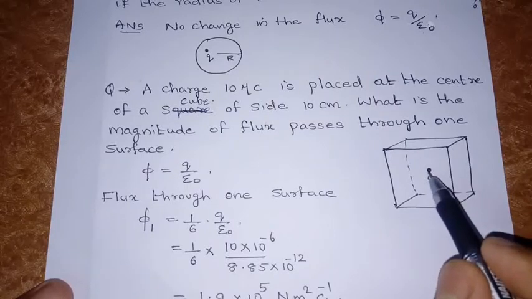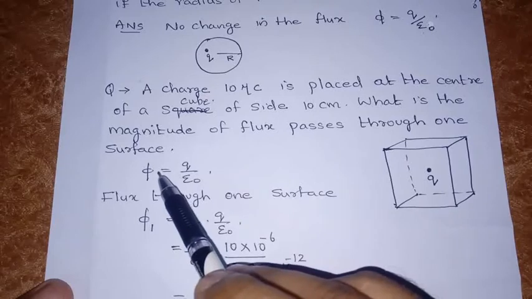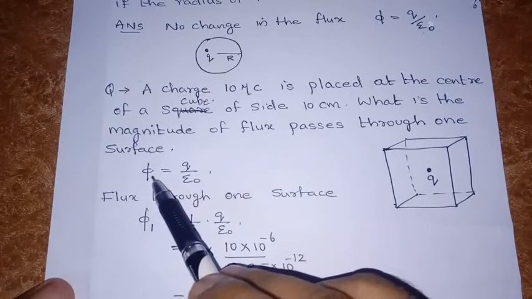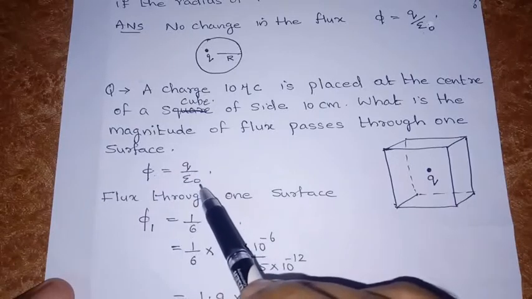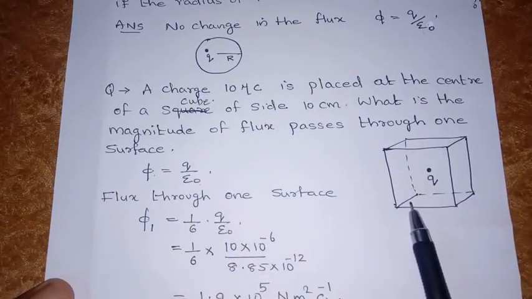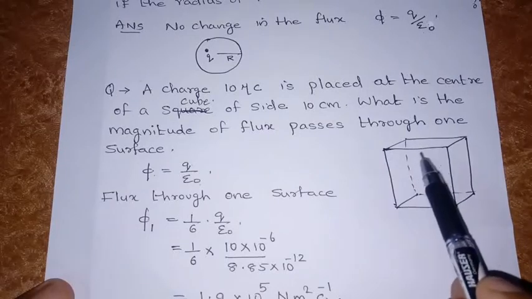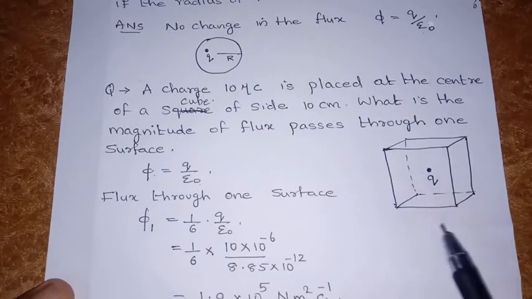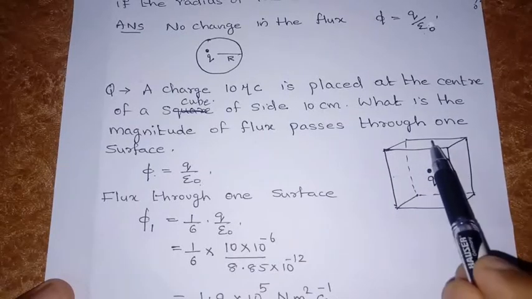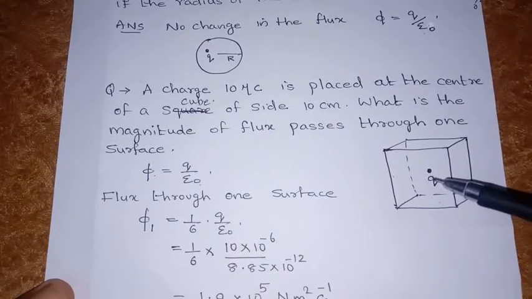According to Gauss's theorem, what is the total flux passes through the entire surface? The total flux passes through the entire surface phi is equal to Q by epsilon 0. Now let us consider how many surfaces are there. In the case of a cube, 6 surfaces are there. Left surface, right surface, top surface, bottom surface, front surface and back surface.